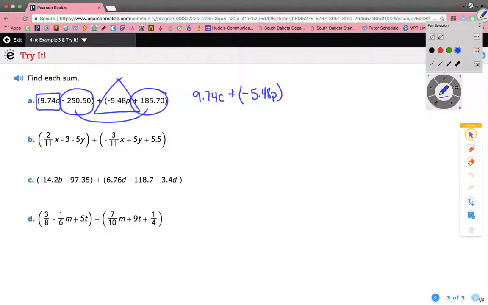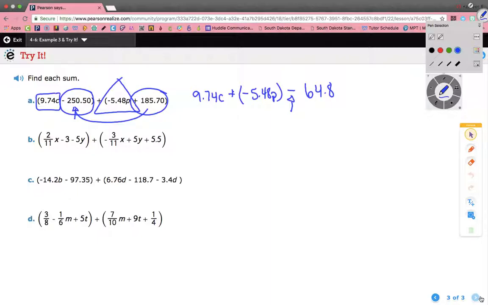And then my 2 that go together. I have 250.5 minus 250.50 minus 185.7 equals -64.8. Okay, you're probably thinking, Mrs. Martin, that is not what the equation says. I know. Okay, but I know that this has the greater absolute value, so I know my answer is going to be negative, and then you just subtract.